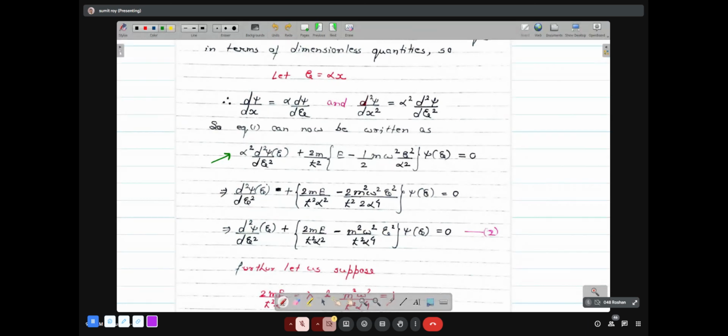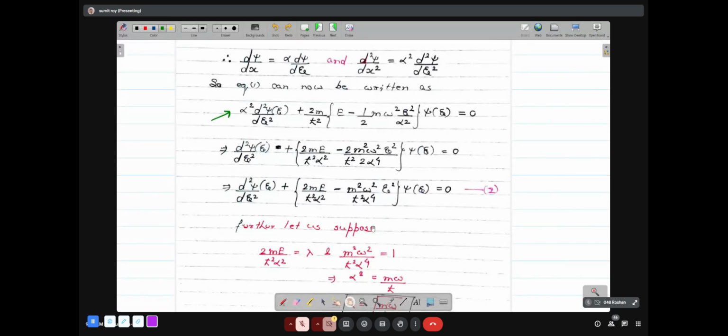The first term is 2me by h cut square into alpha square. The second term is half m omega square zeta square by alpha square multiplied by 2m divided by h cut square, और एक और अल्फा स्क्वायर से डिवाइड हुआ है, so that makes it alpha to the power 4. So this is the equation.